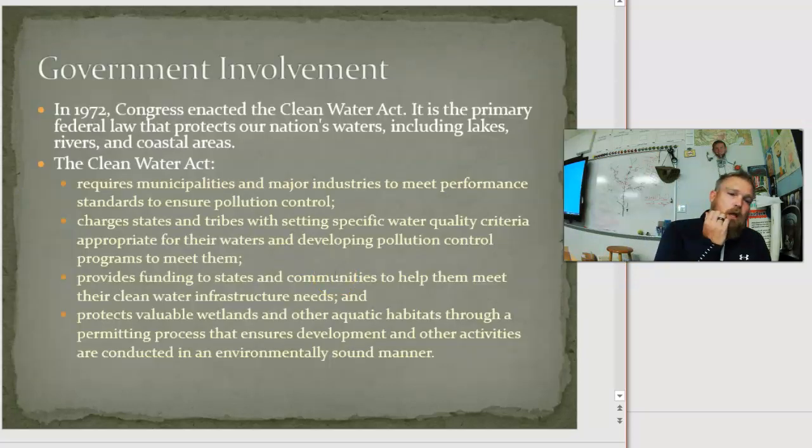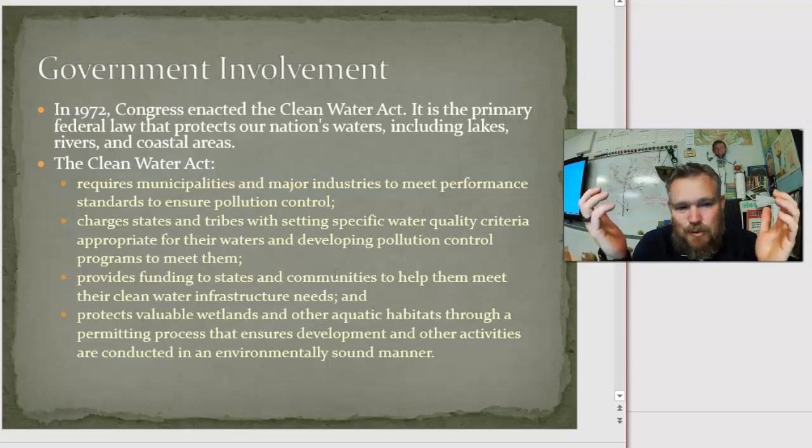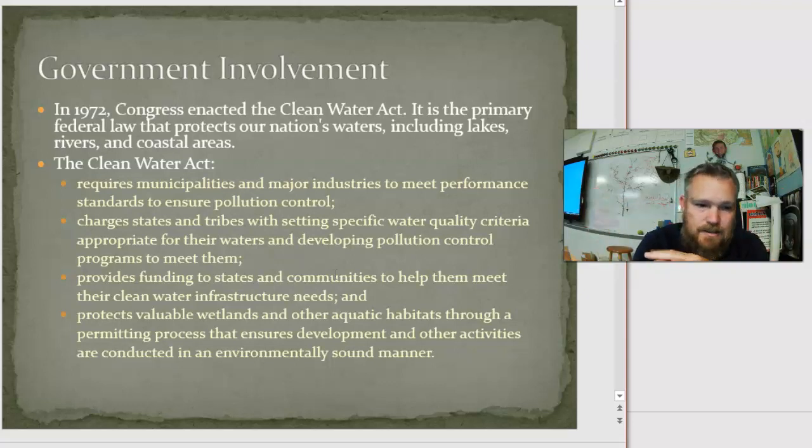Yeah. So I'm going to try to be quick with this, but in terms of government intervention in water quality issues, what we really need to do is flash back to the 1970s. Really, it's the 60s where things start getting ramped up. There's a book called Silent Spring that comes out that talks about environmental issues, and it's called Silent Spring because the birds don't chirp anymore because they've been killed by DDT.